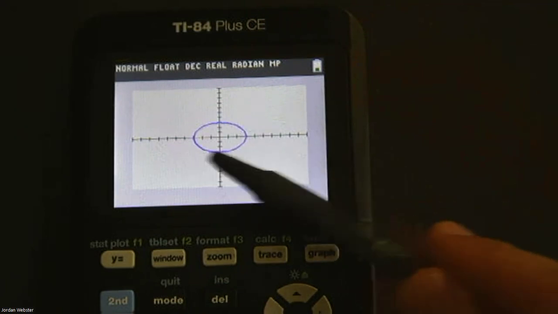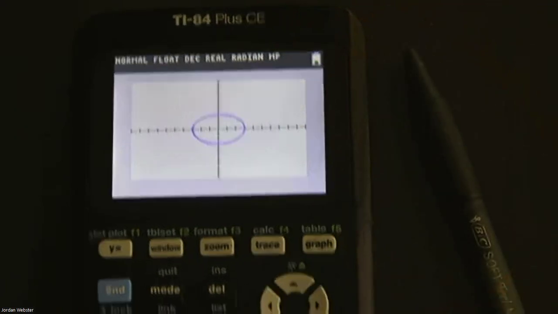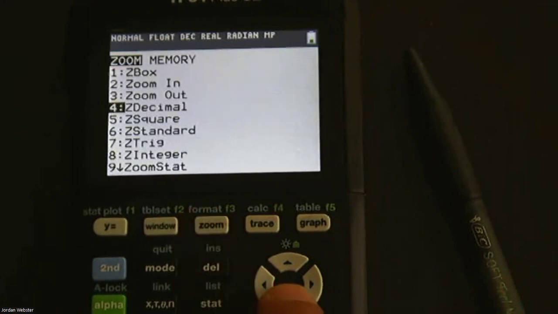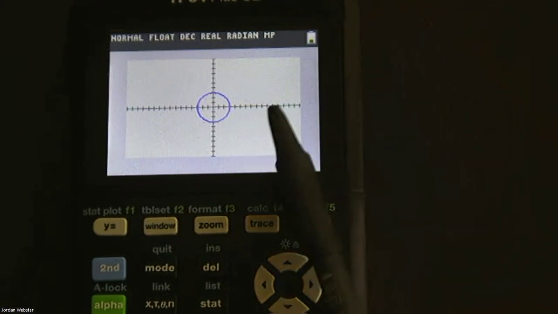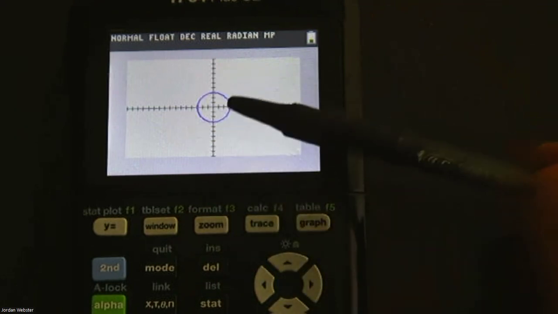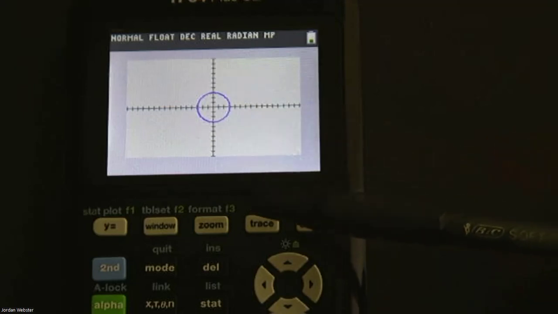If that oblong nature throws you off, you can also just go zoom, and then zoom square will make each unit in the X direction be the same as each unit in the Y direction. And so that looks a lot more circular.